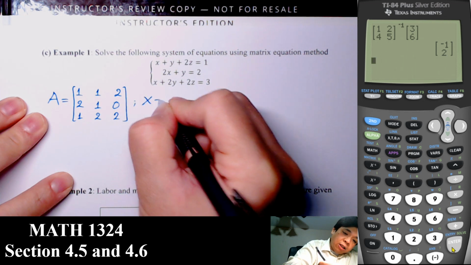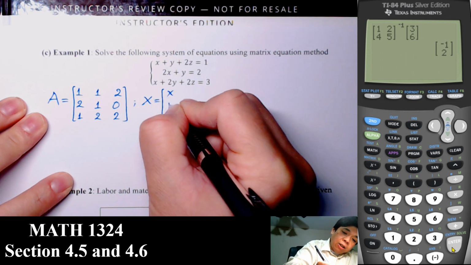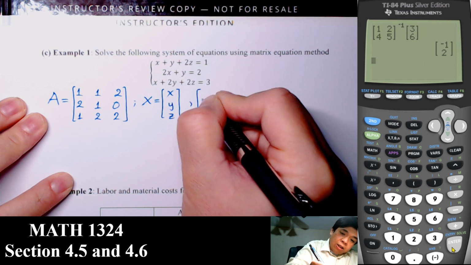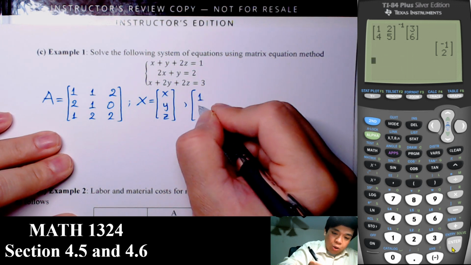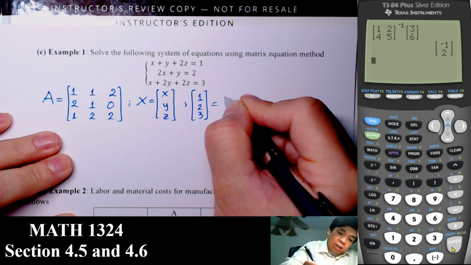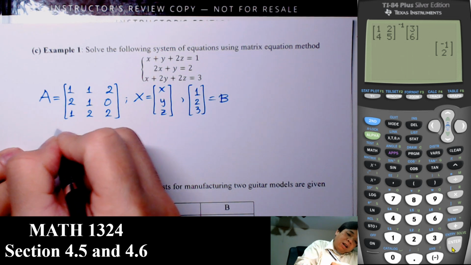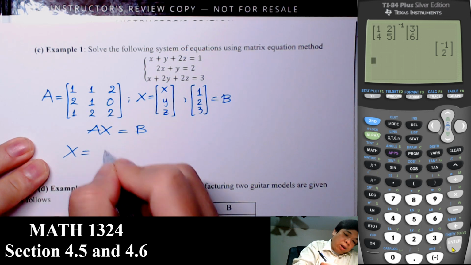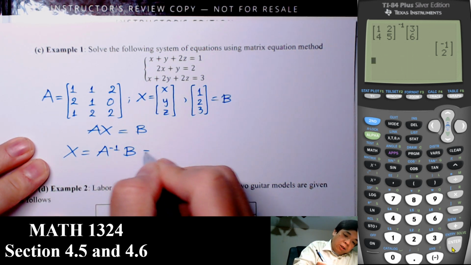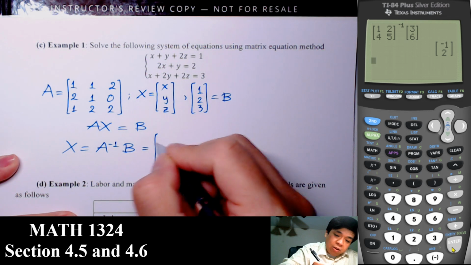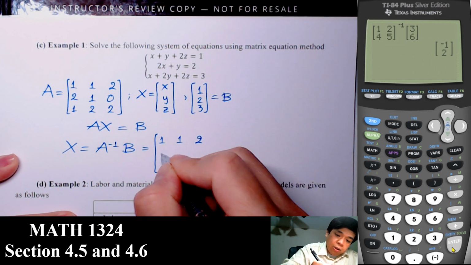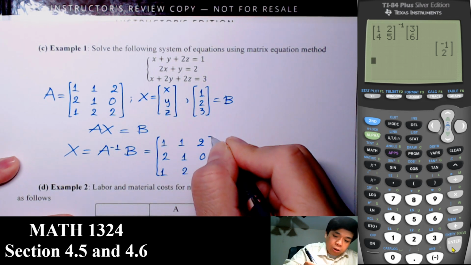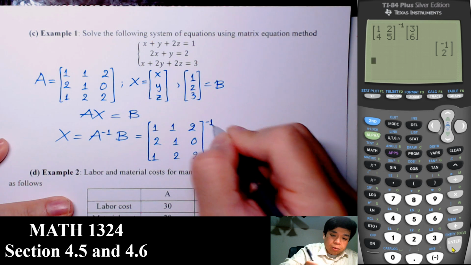The matrix X is X, Y, and Z. And then 1, 2, 3 we will make matrix B. With that we have AX equal to B, and X is equal to A inverse times B. So we just have the inverse times B.